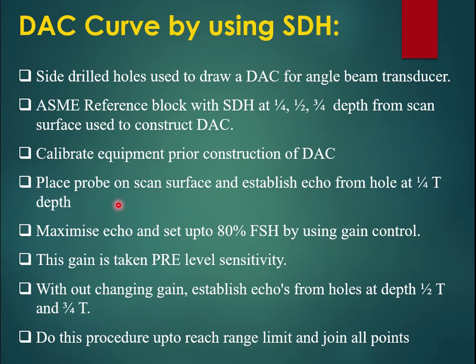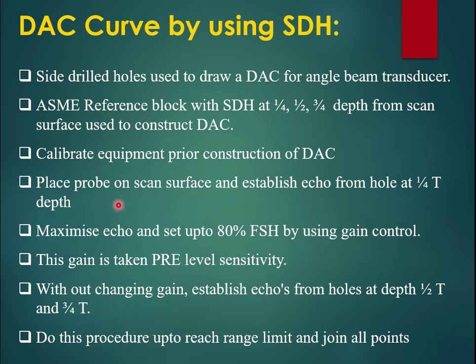So first place the probe on the scanning area and catch the first hole, meaning the low distance hole, the hole which lies at a depth of 1/4 thickness. Place the probe in such a manner and catch the first hole, and you will observe an indication from the first hole.